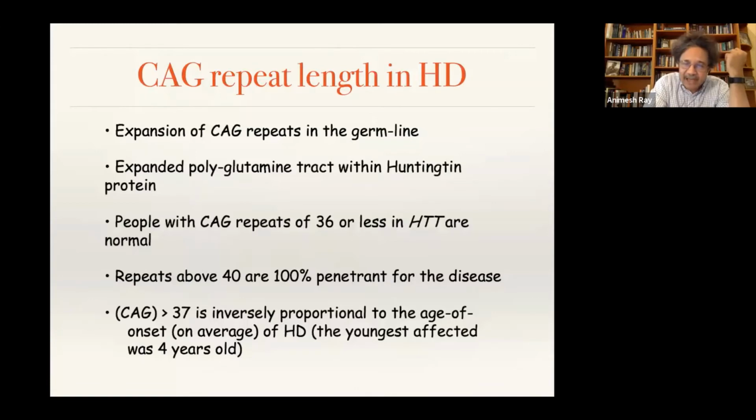And on average, Huntington's disease is manifested from about 35 to 40 years of age to about 50 years of age. In other words, people are struck down in their prime period of activity. But some people are affected very early on. The youngest affected was a 4 year old who had a very long repeat, more than 200 repeats of the CAG.